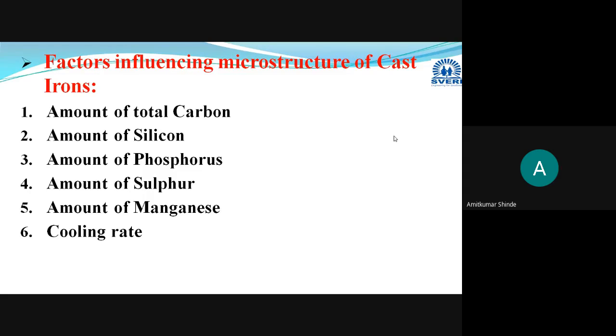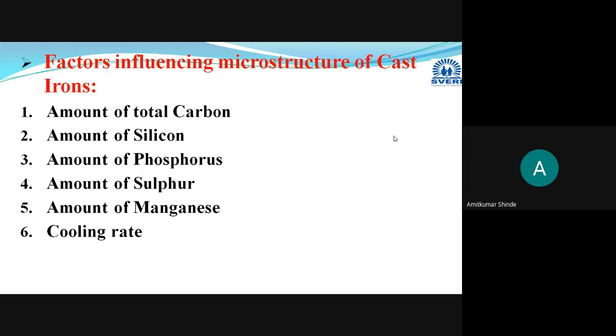Now we will discuss one by one what the effect is, in a very short manner. The first factor is the amount of carbon, the second is the amount of silicon, the third is the amount of phosphorus, then the amount of sulfur, fifth is the amount of manganese, and sixth is the cooling rate used.